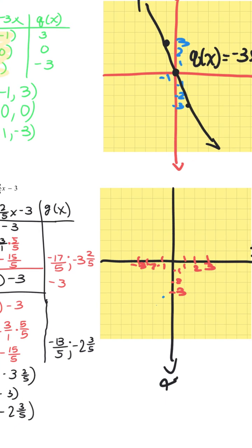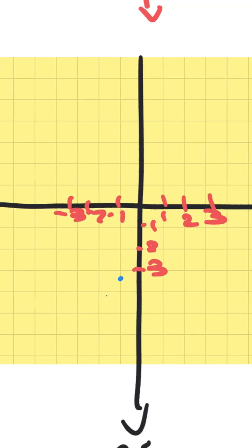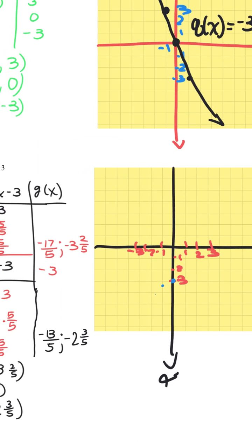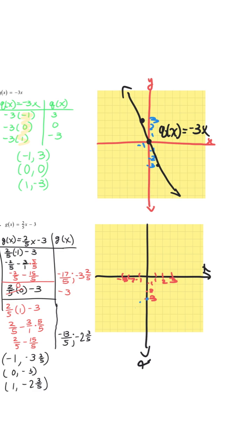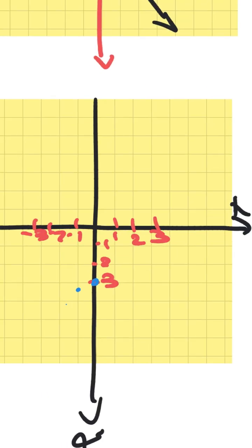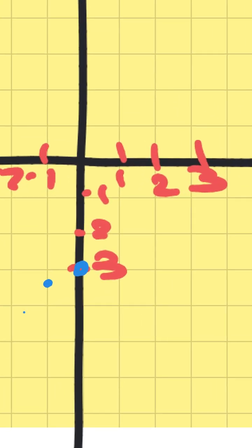Yes. Then we have 0 and negative 3. That's our next point. And finally we have 1 and negative 2 and 3/5. So it's going to be positive 1, here, and it's after a 2, right? I'm going to expand this so you guys could see it. It's going to be somewhere 3/5, close to here.